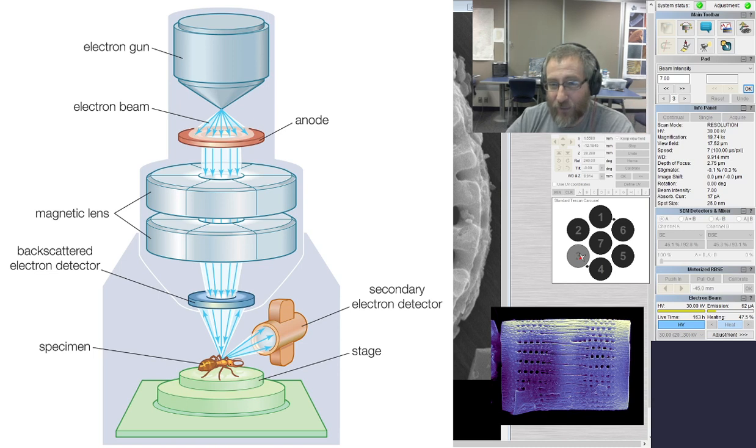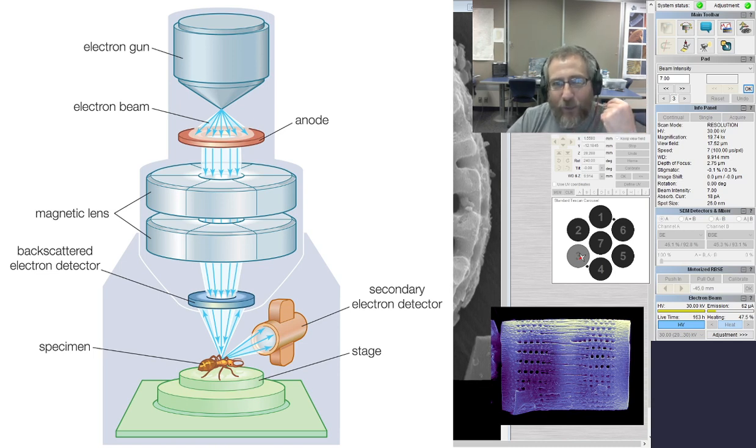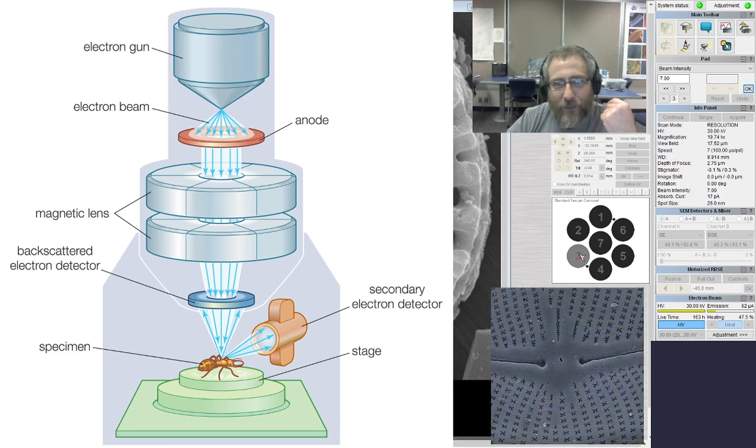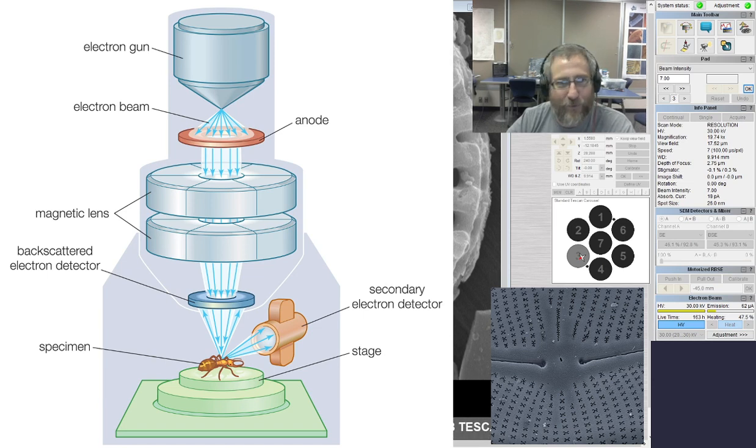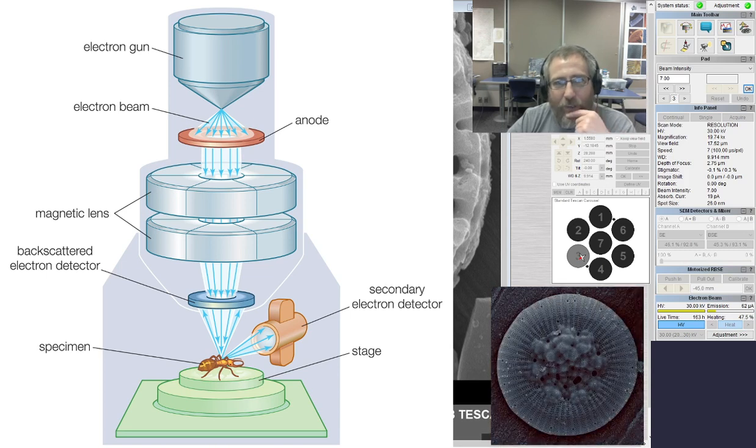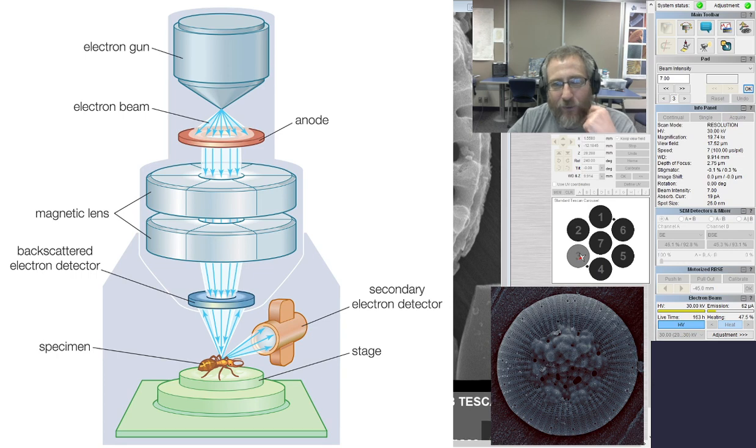And then it's also heated a little bit. The electrons are floating around in this upper area in a cloud called the Wehnelt cap. And then there's an anode. If you remember from chemistry or physics, that just means it has a positive charge, and electrons have a negative charge. So the electrons are basically drawn out of the Wehnelt cap, and they're accelerated towards the sample.